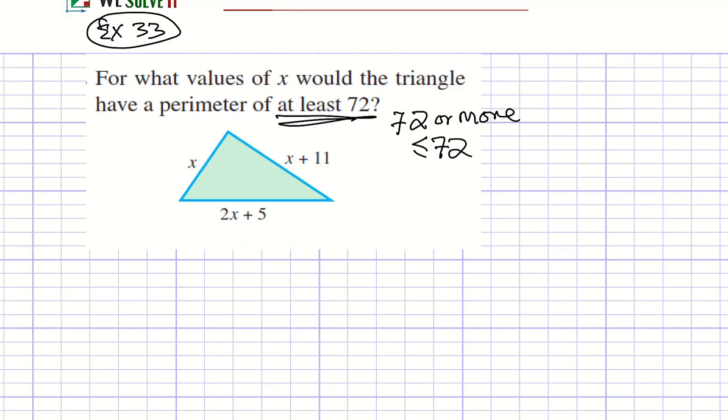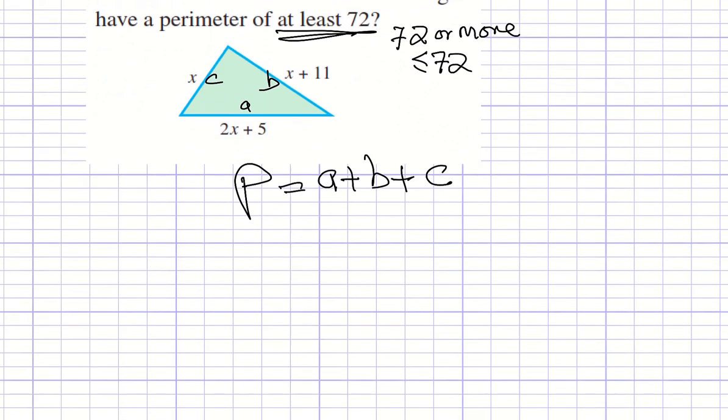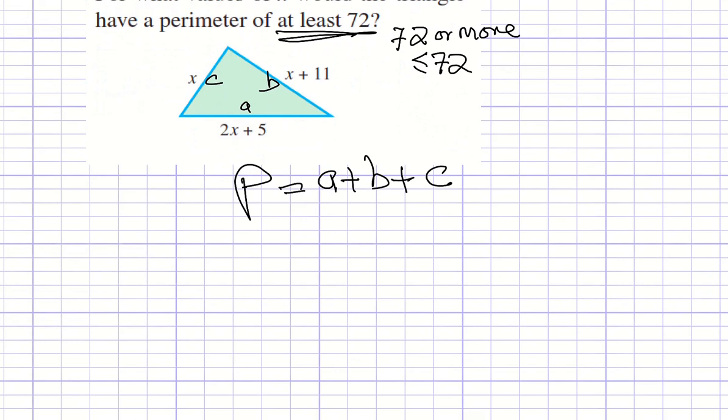The perimeter of a triangle is like this: A plus B plus C, where this is A, this is B, this is C. But you see the way they gave it to us. Don't forget perimeter. So you start here, you walk over there, and you get over here. But you see, A is that, B is that, C is that, so you don't have to work with the A, B, C.